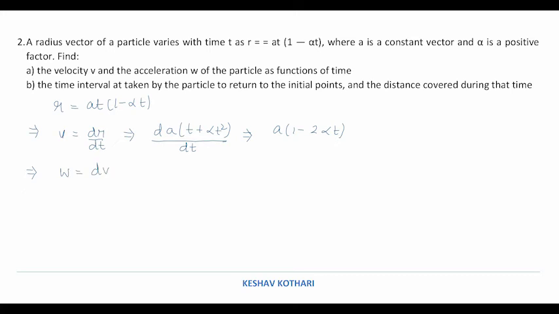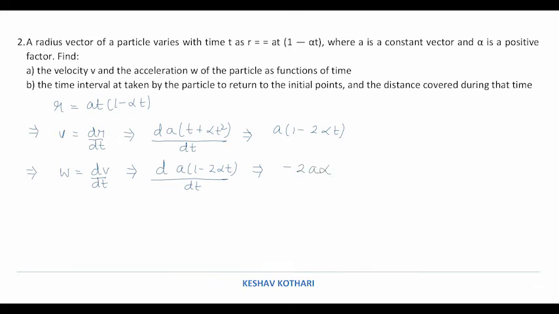We write acceleration as dv by dt. Now when velocity is a function of time, on differentiating a(1 minus 2 alpha t) with respect to t, the derivative of a will be 0 because it is constant, and then we will obtain minus 2a alpha.